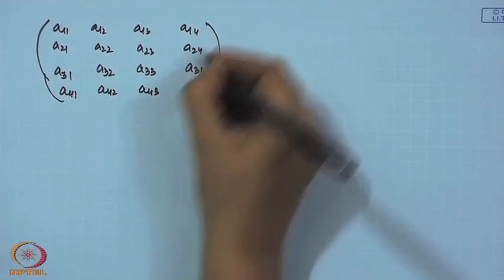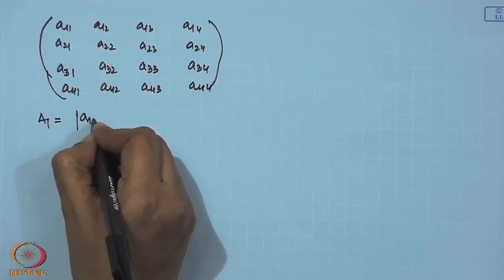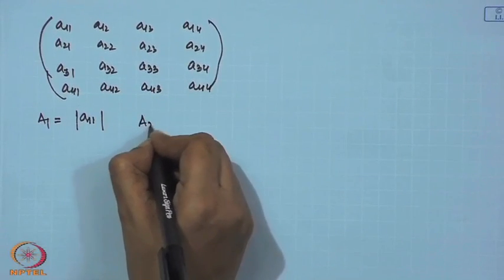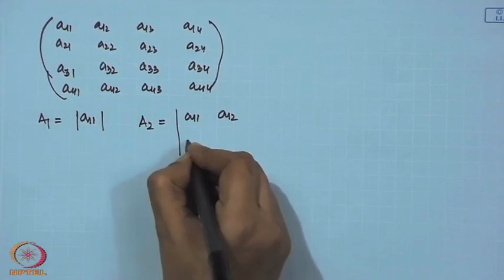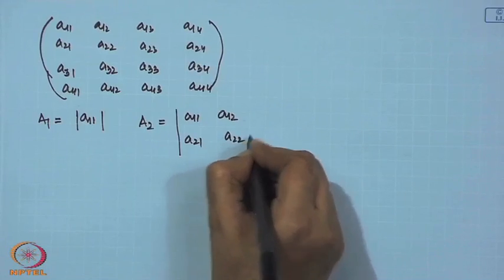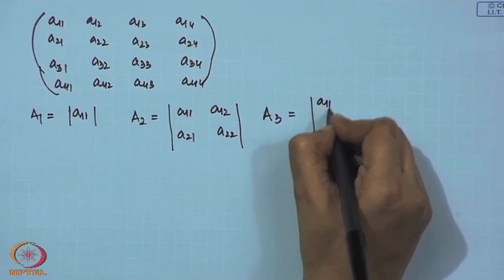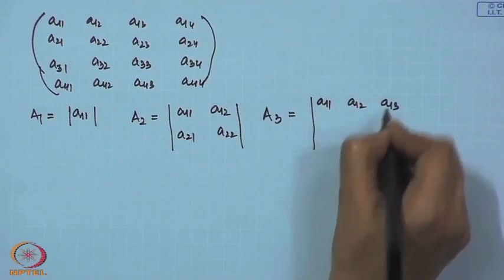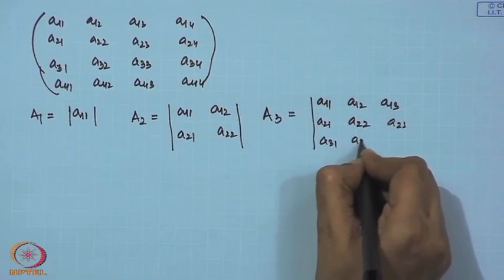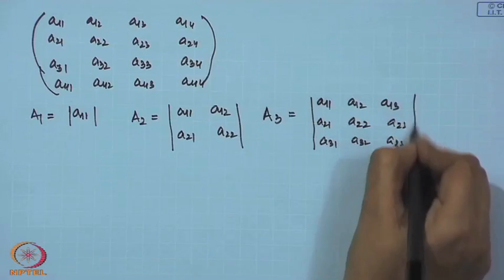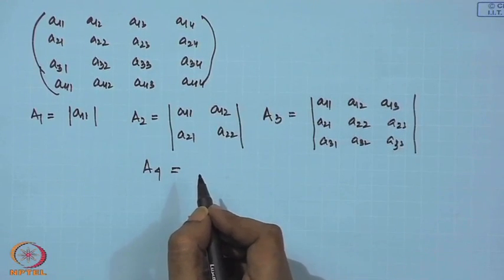Then the first principal minor of this matrix would be A11, which gives the corresponding determinant. The second principal minor would be the first two rows and first two columns, that is A11, A12, A21, A22. The third principal minor would be the first three rows and first three columns, that is A11, A12, A13, A21, A22, A23, A31, A32, A33. And the fourth principal minor will coincide with the given matrix, since the given matrix is of order 4.